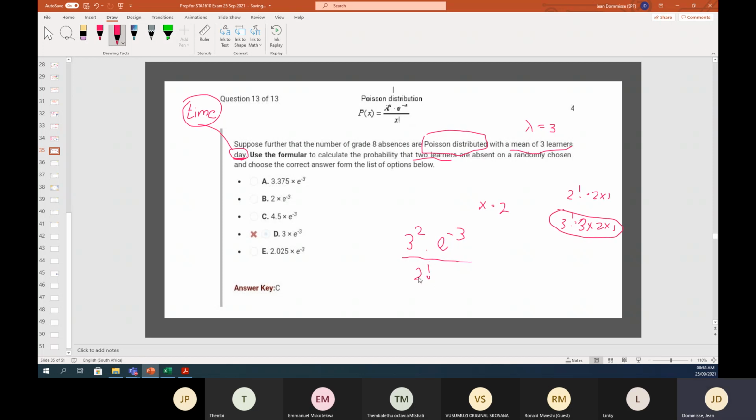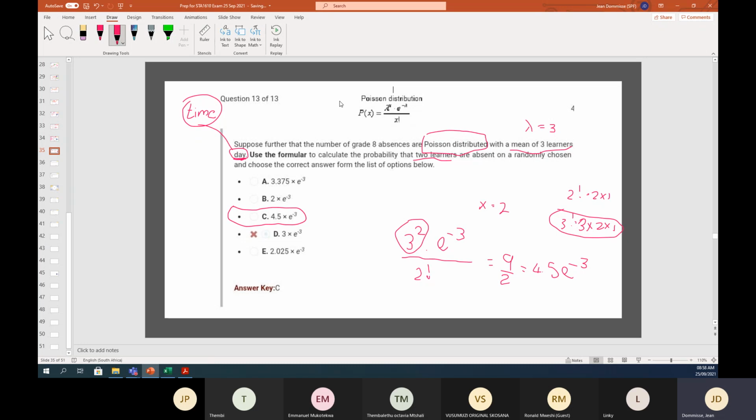For this one, it's not the issue because it will be 2 times 1. So at the top we have 3 to the power of 2, it's 9, divided by 2, which gives us 4.5. So 4.5 e to the power of minus 3. Okay.